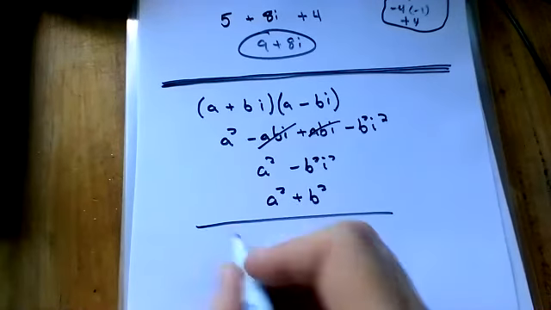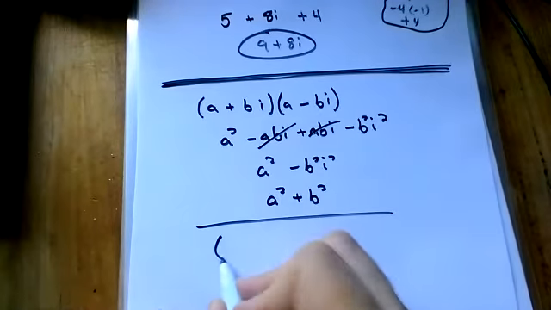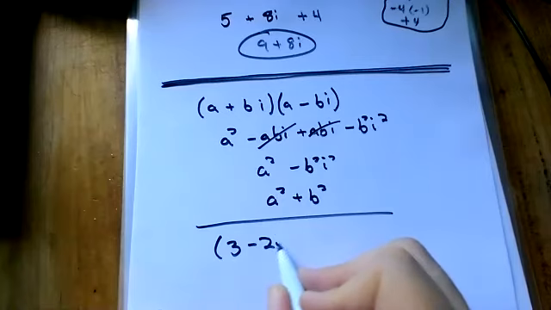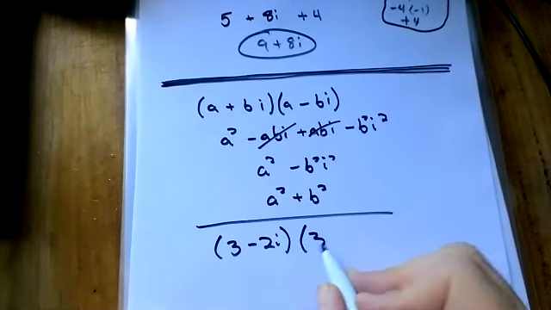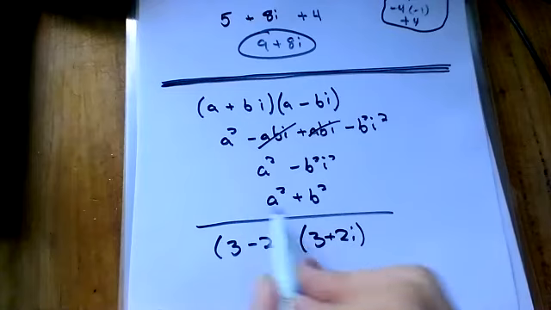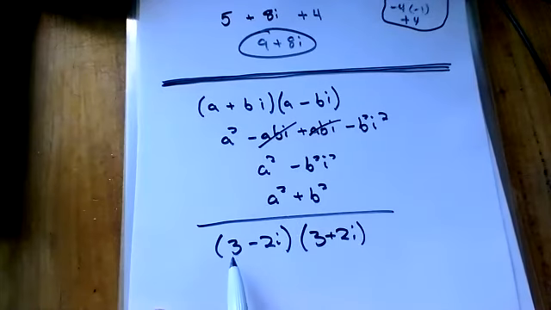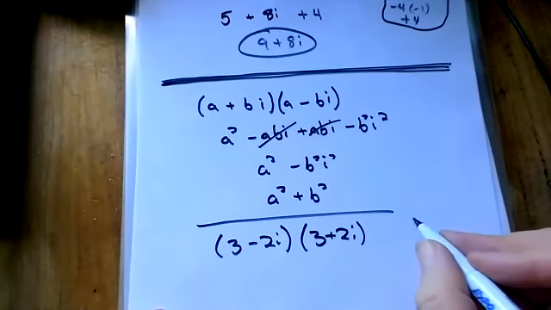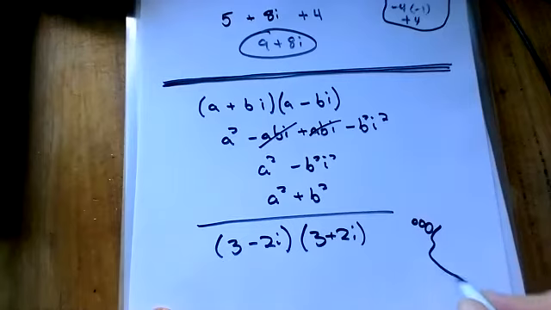So just to show you this, say we've got like 3 minus 2i. I were to multiply this by 3 plus 2i. I could, in fact, just use this shortcut to say, oh, this is going to be 3 squared plus 2 squared. This is going to be 9 plus 4. I'm going to expect this to come out to be 13.